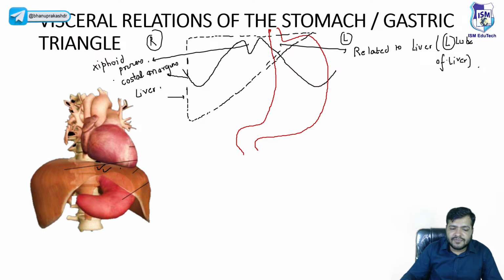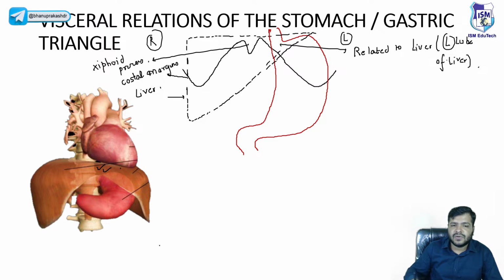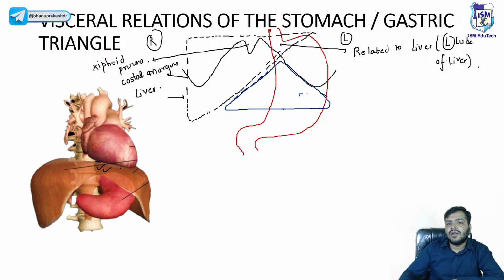Apart from that, guys, you have to remember that this is the costal margin, right? And below the costal margin, a triangular space is present, where nothing is related. So this triangular space below the costal margin, which you can see over here, is the area which is called the gastric triangle.